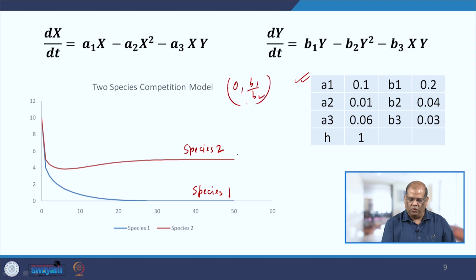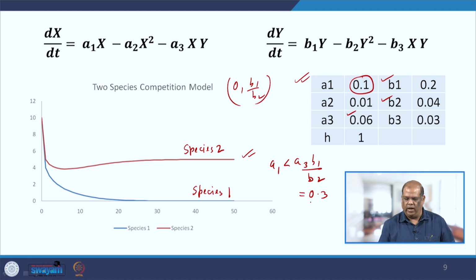So, your species 2 goes to this equilibrium point B1 by B2 and your species 1 goes to 0. The condition for that is A1 must be less than A3 B1 divided by B2. So, here is your A3, here is your B1, here is your B2. If you substitute those values, you will get that this value is 0.3 and the value of A1 is 0.1, which is definitely less than 0.3, and hence we have stability.